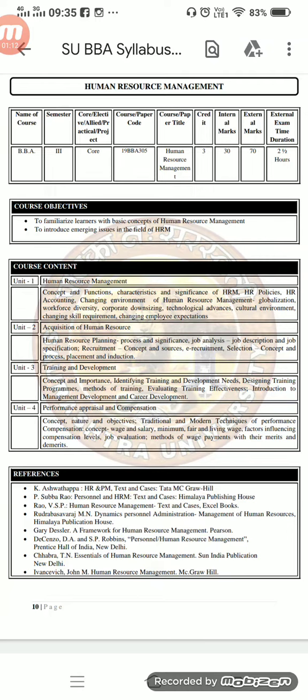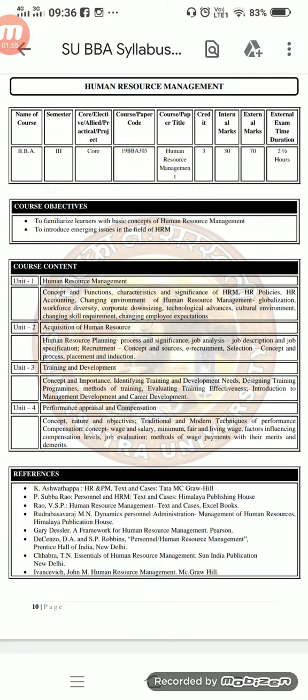In the first module the syllabus is: concept and functions of HRM, characteristics and significance of HRM, HR policy, HR accounting, changing environment of human resource management, globalization, workforce diversity, corporate downsizing, technological advances, cultural environment, changing skill requirement, and changing employee expectations. These are the points we have to learn in your first module.